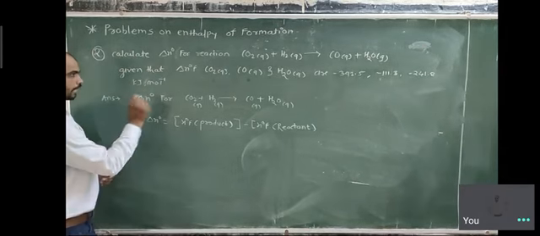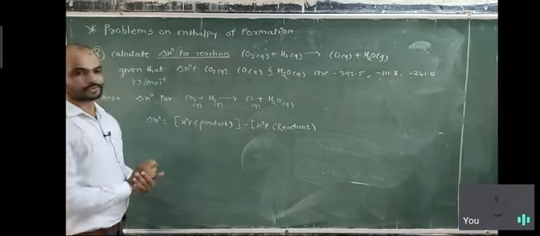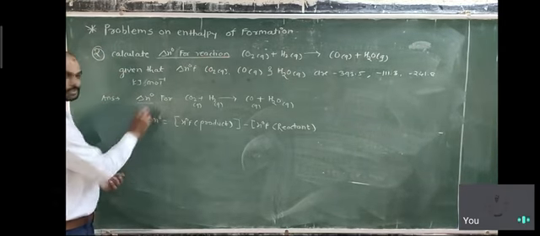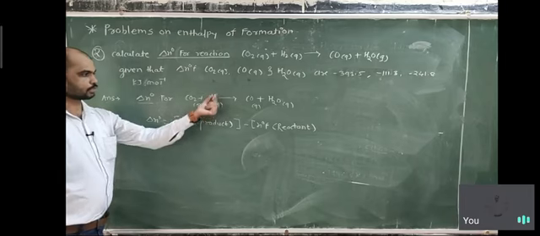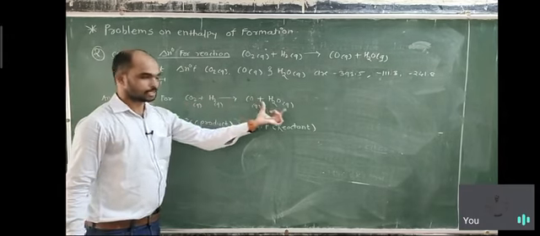So calculate the heat of formation of the reaction. The reaction is given to you: CO2 plus H2, all in gaseous state, converts into CO plus H2O.